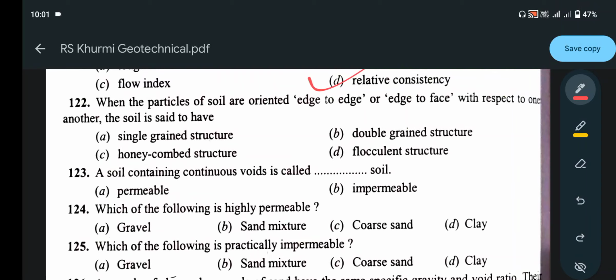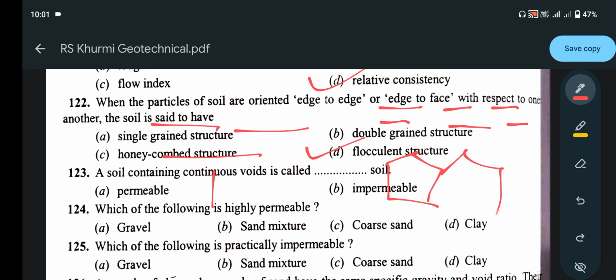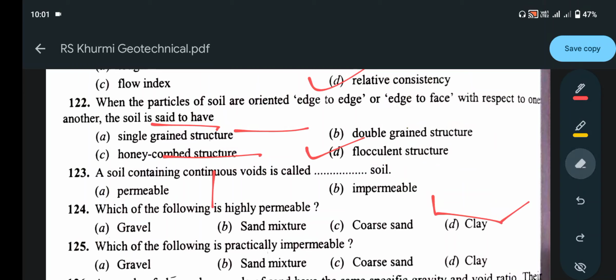Dispersed structure will be parallel to each other. Honeycomb structure is like this, it will be something like this. So in flocculent structure it is edge to edge or edge to face. So the answer is flocculent structure.